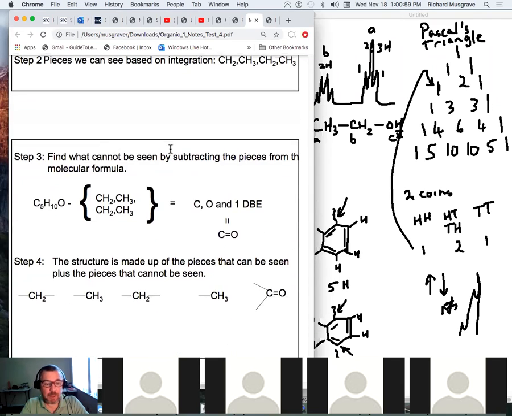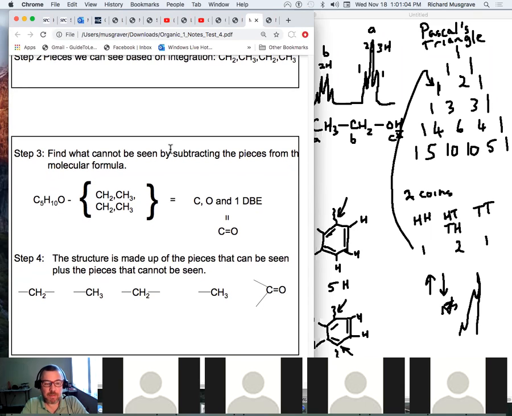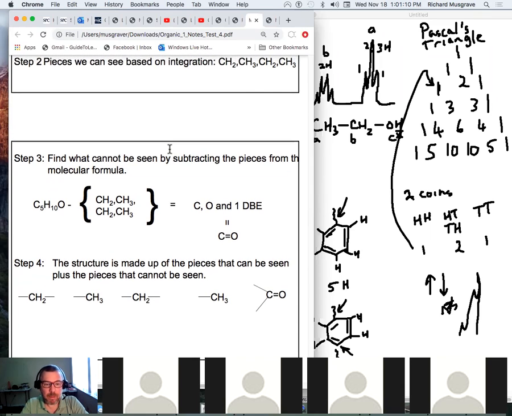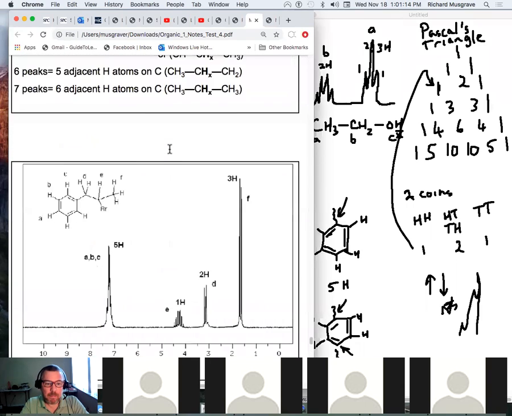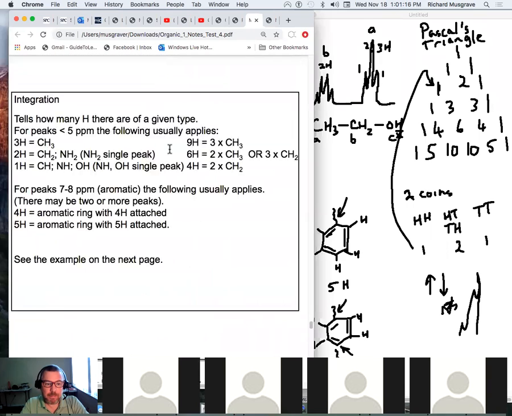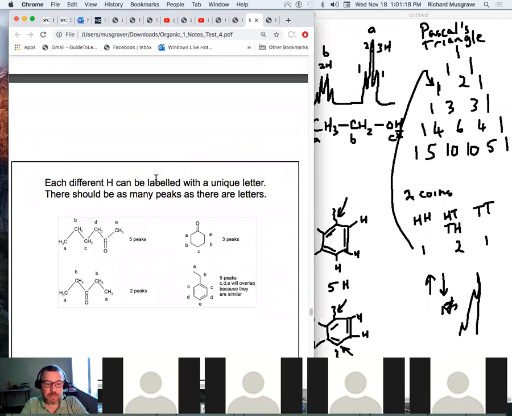Now, this is, I think, the most important step, and it's a step that people don't like to do. I've been told that some people say, well, look, I can't do it. It's against my religion. I don't really believe it, but, you know. Now, I'll go back up here. Do you remember I had said for this compound here, I didn't label the C double bond O because it didn't have any hydrogens on it?